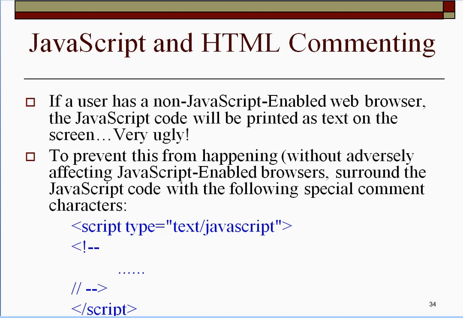They would not know what it is, they wouldn't understand it, but in their usual practice, they would simply ignore it. But then, anything that was inside the script tags, which was JavaScript executable code, would be rendered. It would be considered a renderable part, which would turn very ugly.